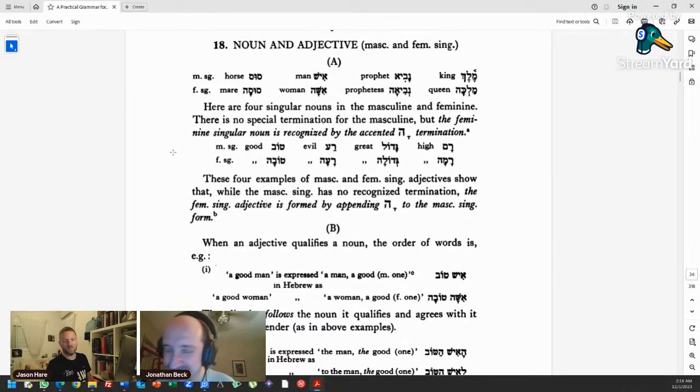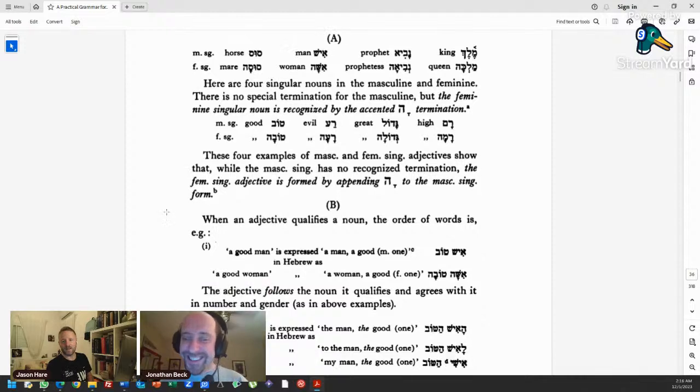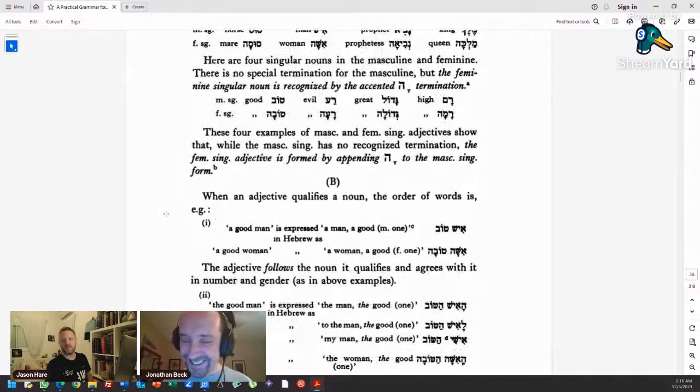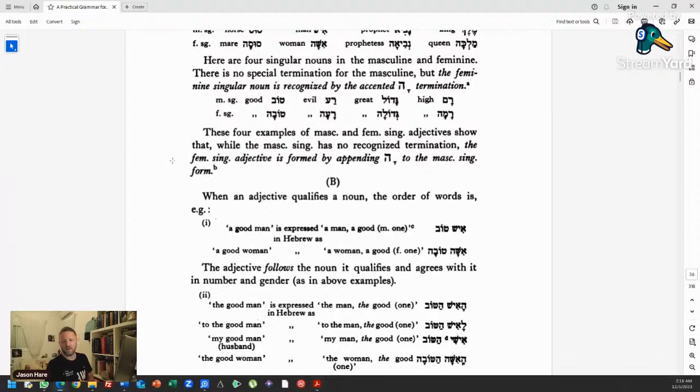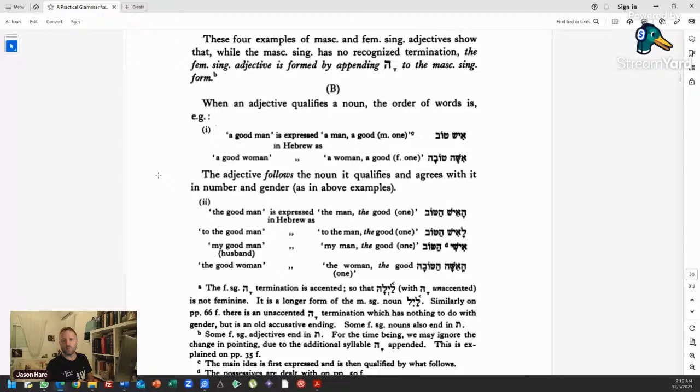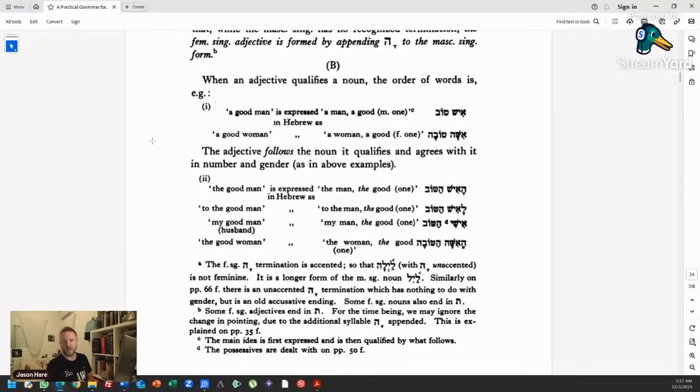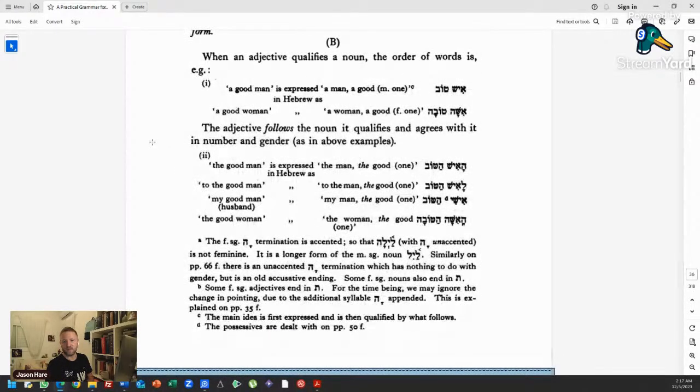But other people wouldn't. So anyway, let's see these 4 examples of masculine, feminine, singular adjectives. It's a case that adjectives have masculine and feminine, singular and plural forms, not nouns. When an adjective qualifies a noun, the order of words is, a good man, ish tov. A good woman, isha tova.